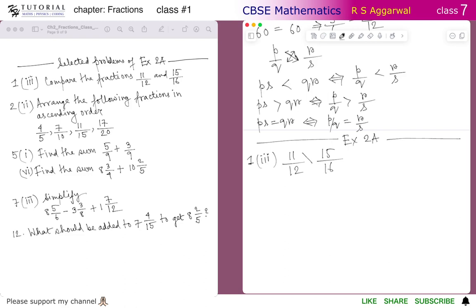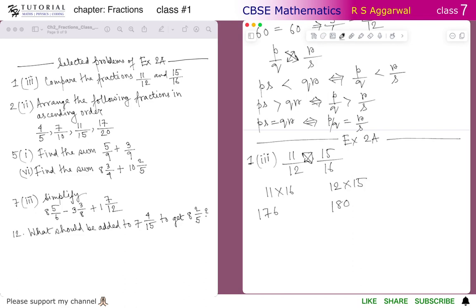So, we cross multiply and find the numbers are 11 into 16 and 12 into 15. 11 into 16 is 176 and 12 into 15 is, how much is it? 192? No, this is 180.